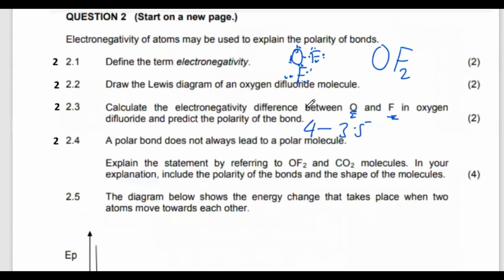So meaning that the answer here is going to be 0.5. So what does that figure indicate? What does it indicate to you? You have to know what that figure indicates. So we go to the next question.